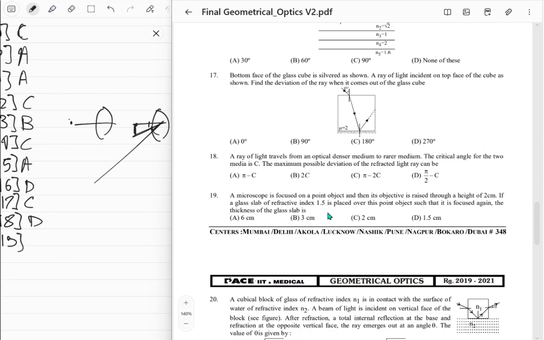Over the point object. Okay, it's called a glass slab now. Such that it is focused again. What do you mean? I don't understand what you want to say. It is focused again. Oh, okay.